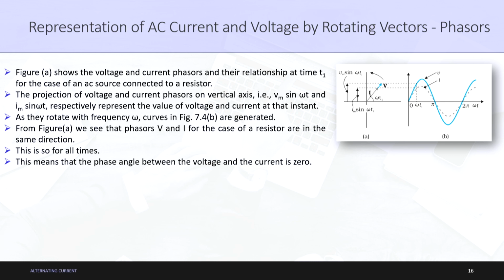At some time t1 this is the value of capital V, and because they are in phase, a little smaller value, this is the capital I vector. At some time t2 they may go here, at some time t3 they may go here, at some time t4 they may go here.